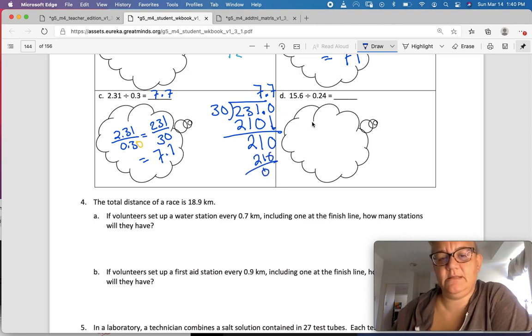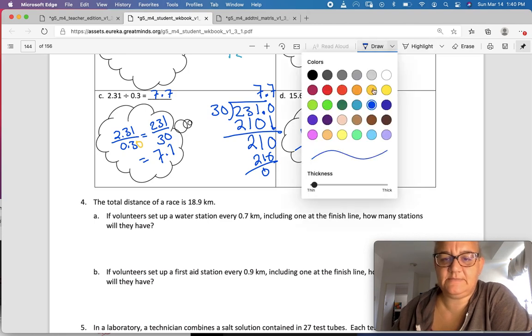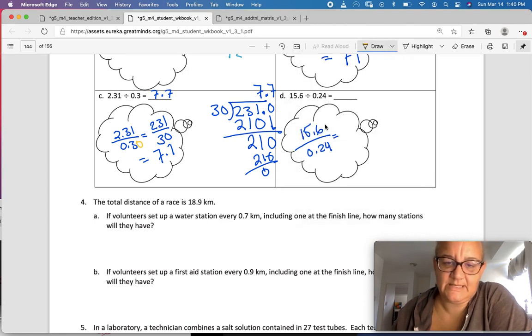All right. 15 6/10 over 24 hundredths equals, and I'm going to add a 0 there, 1,560 divided by 24.